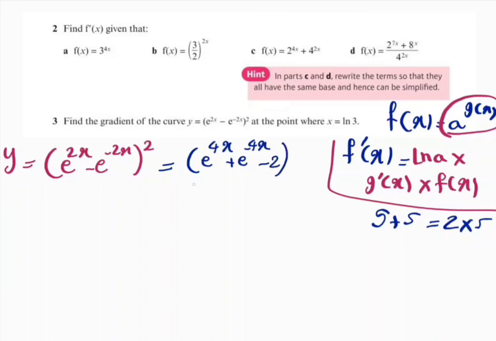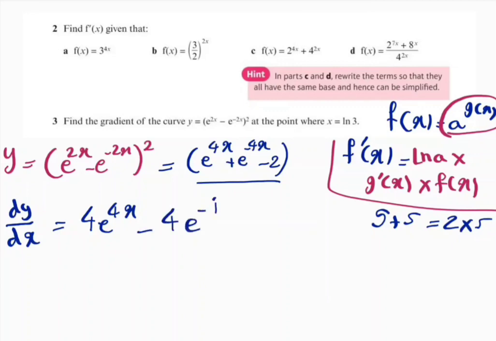Now let's differentiate this. dy dx is equal to, e to the 4x differentiates to 4e to the 4x. e to the minus 4x differentiates to minus 4e to the minus 4x. And minus 2 differentiates to 0 because that's a constant.